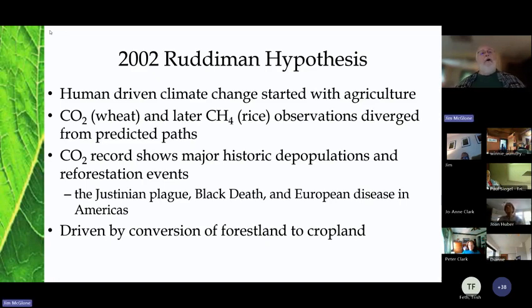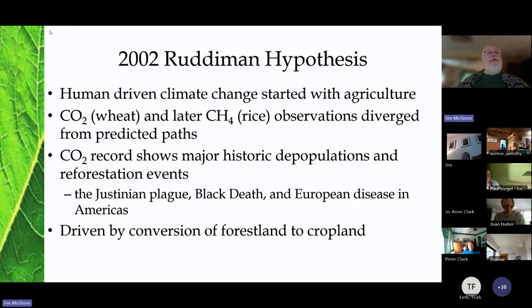The other thing he noticed was that in the observed carbon dioxide record, you could pick out major historic depopulations where farmland was reverting back to forest land: the Justinian plague, which occurred in the late 4th century, coincided with the collapse of the Roman Empire, the Black Death, and then you could also see the introduction of European communicable diseases to the Americas in the carbon dioxide record.